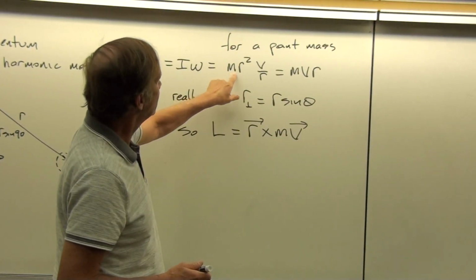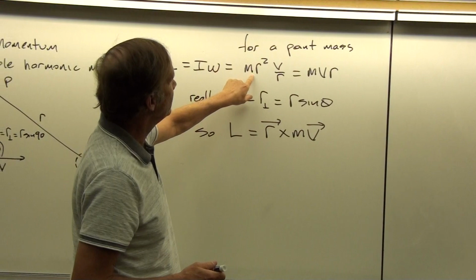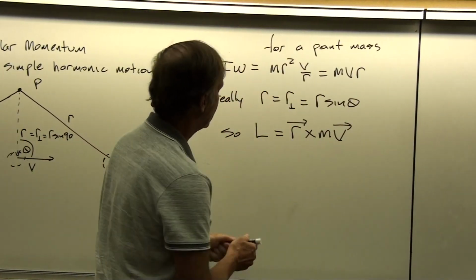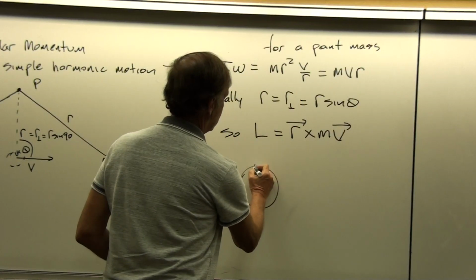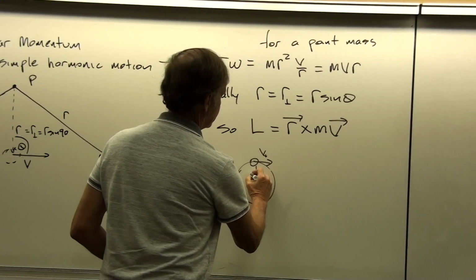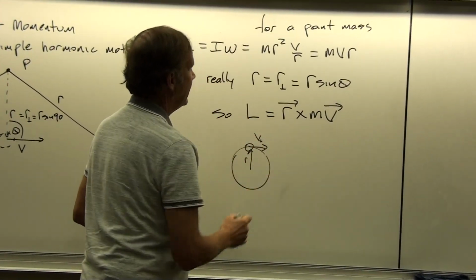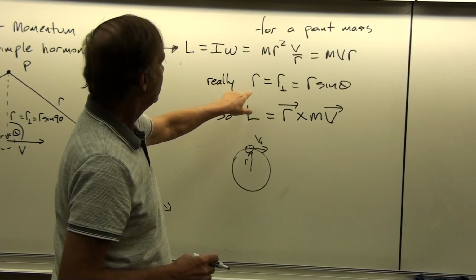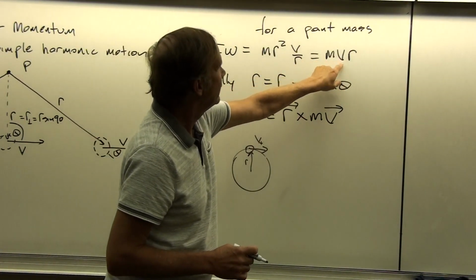So if we write the moment of inertia for a point mass as mr squared, we might write omega as v tangential over r. For here, this is v tangential, and this is r for a mass that's going round and round in a circle. Then this is equal to mvr.